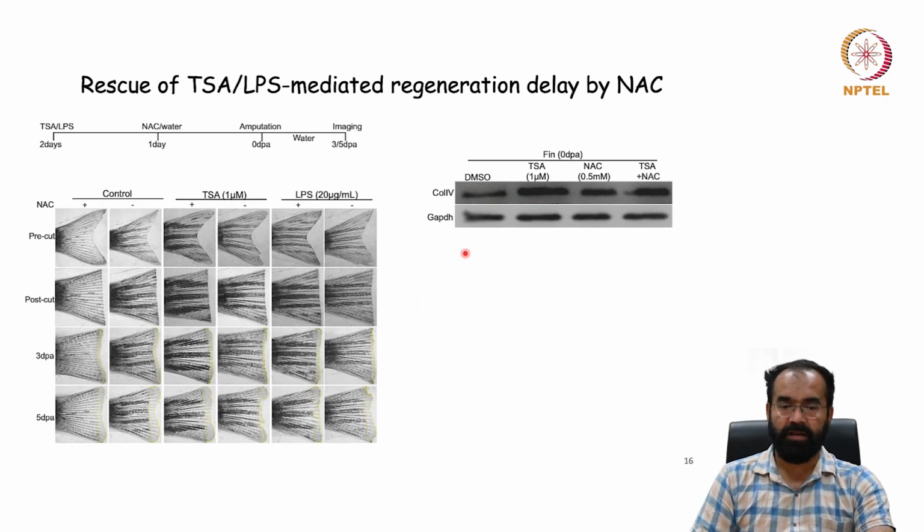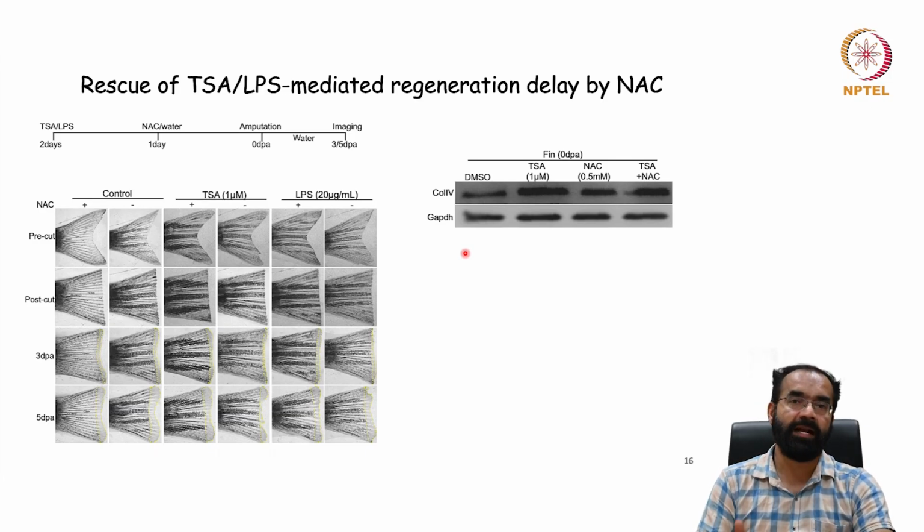And what we looked at further was, of course, we all know soon after injury there has to be a free radical mechanism, reactive oxygen species kicking in, which is necessary for immune cell attraction. So we looked, can we mimic the scenario by treating either with TSA or simply with LPS.